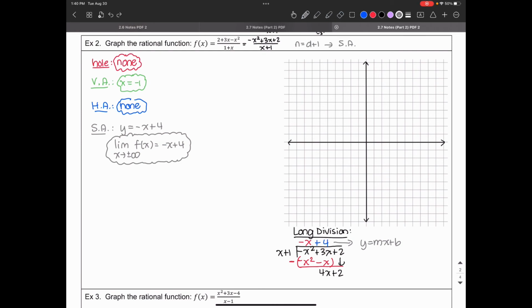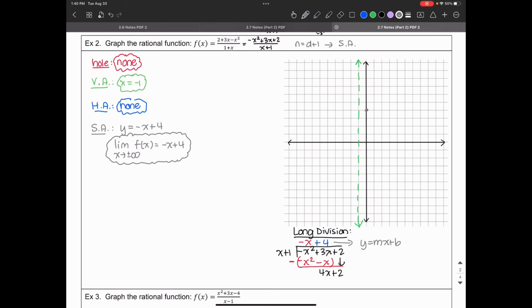Okay. I'm going to draw this stuff. So I have x equals negative 1 as my vertical asymptote, so I'm going to draw that in. Then my slant asymptote is on the line y equals negative x plus 4. So I'm going to go up to 4 and draw my y-intercept and then use the slope.